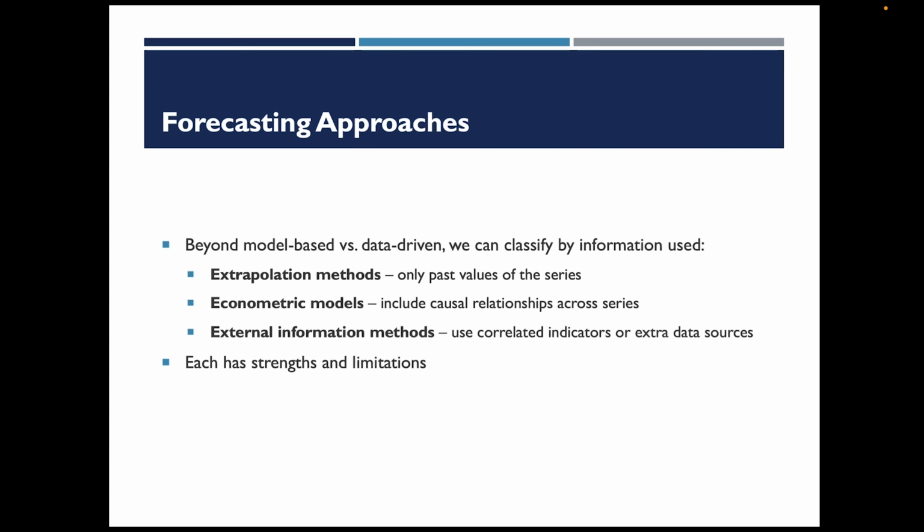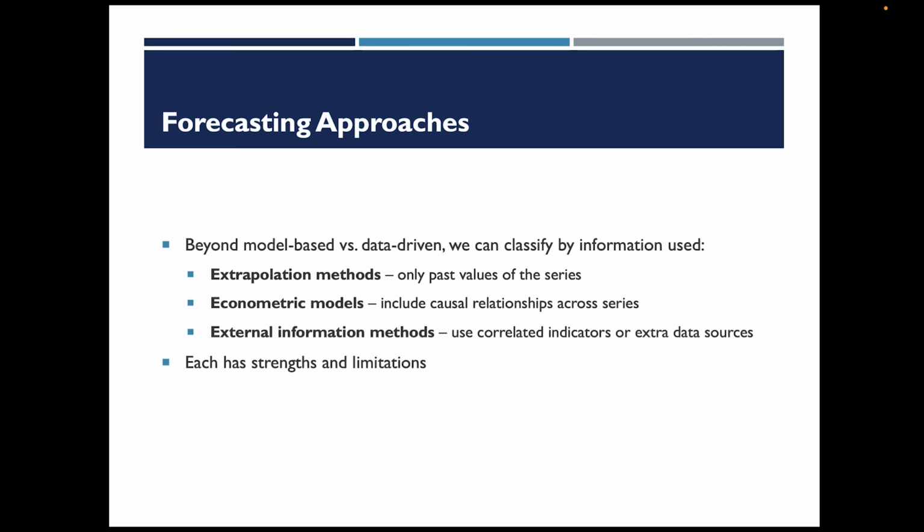Another classification is in the lens of what information goes into the forecast. We have three types. Extrapolation methods only use the target series history, like the sales or the ridership, just one series.